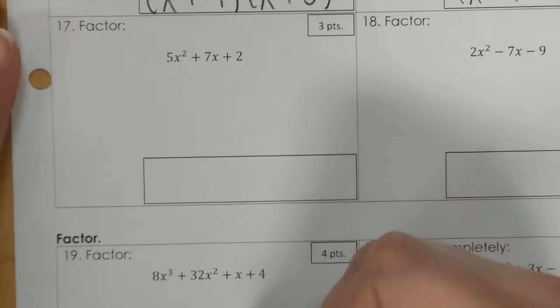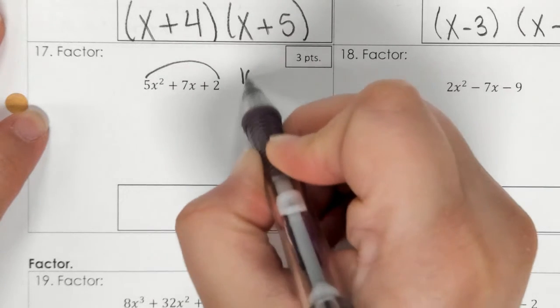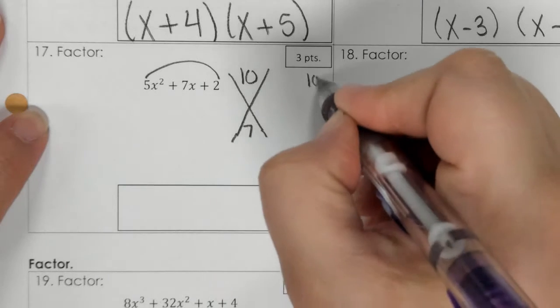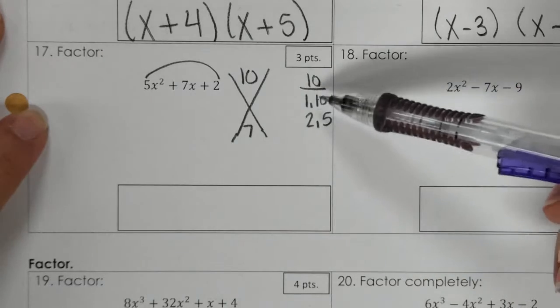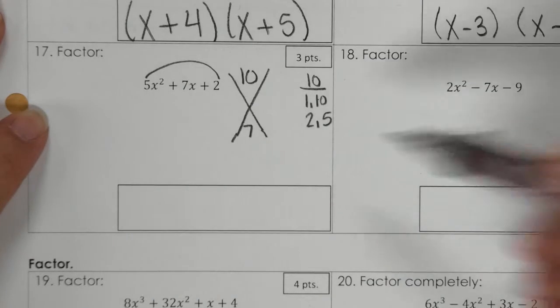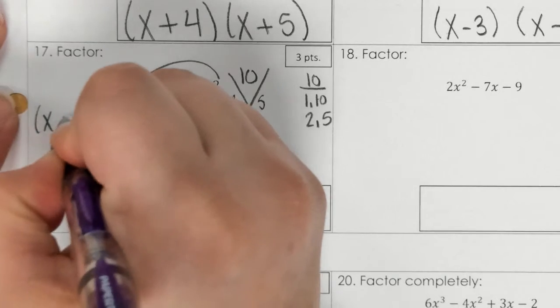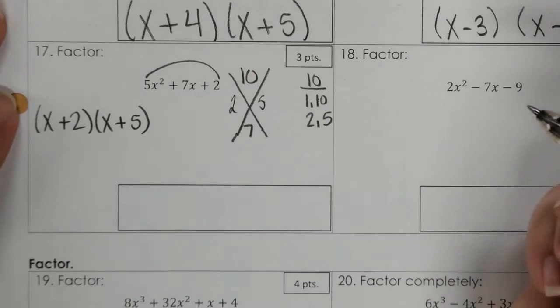Okay, in number 17, this is bottoms up. So 5 times 2 is 10, and I'm trying to get to 7. So factors of 10, which pair can make 7? Well, 2 and 5 can. So we say x plus 2 and x plus 5.